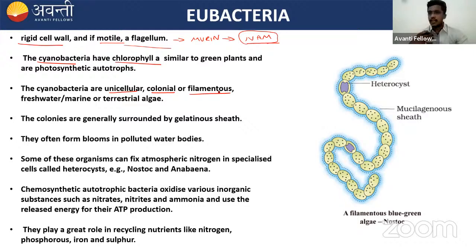coming to photoautotrophs, the blue green algae or cyanobacteria have a similar type of pigment that harvests light, and they can be observed under the microscope.